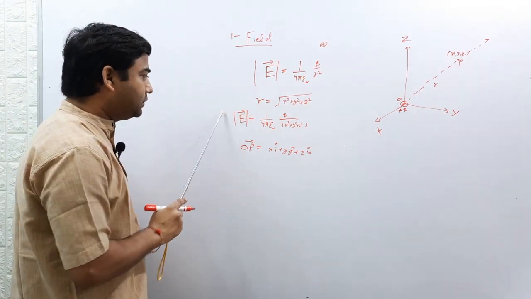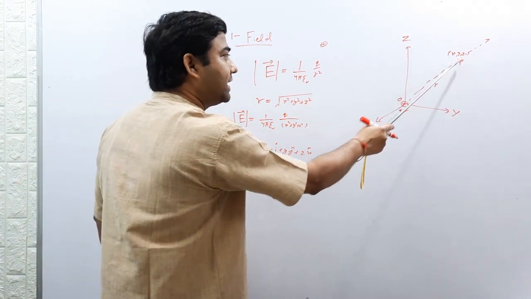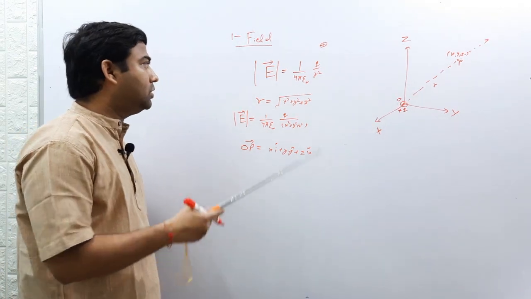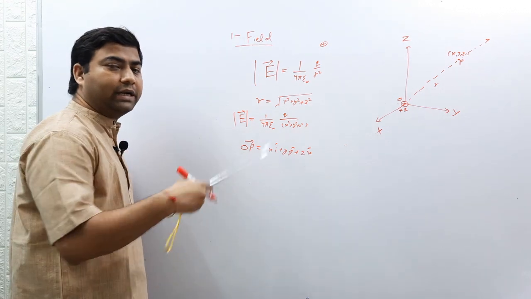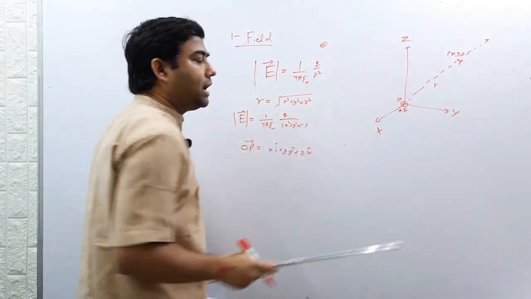And the direction of the electric field is also towards vector OP. From Coulomb's law, the electric field is radial, that is, along the line joining OP in the outward direction.